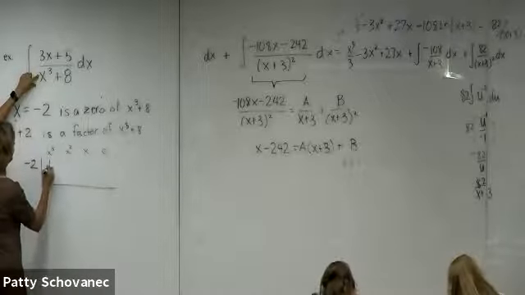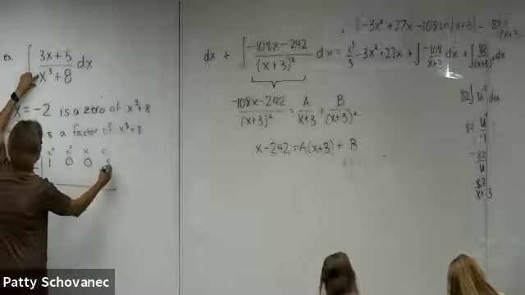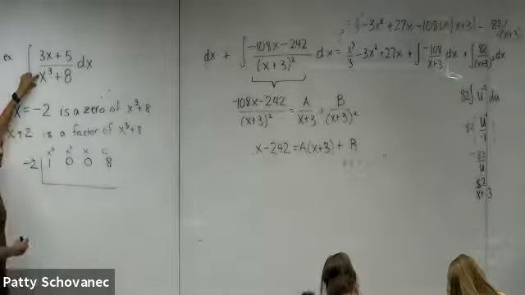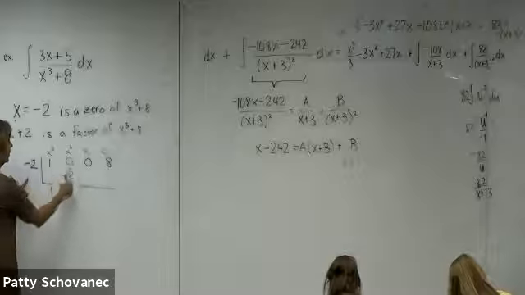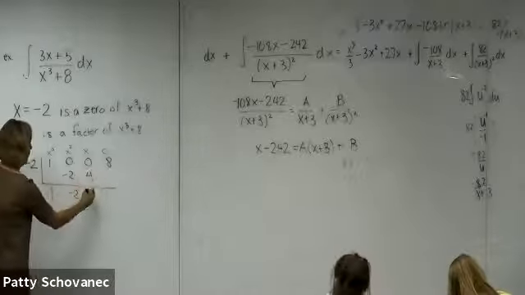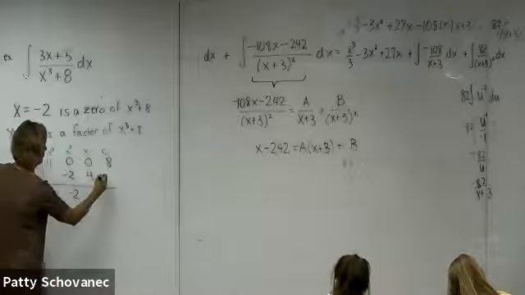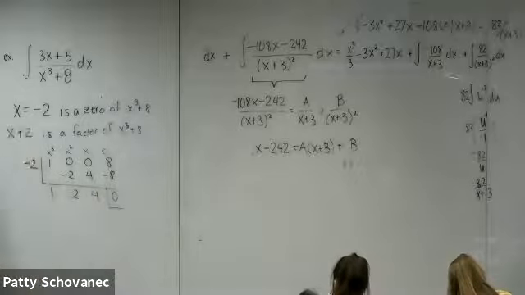I need a line here. 1x cubed, 0x squared, 0x plus 8. And then we bring this first term down, multiply and add, multiply and add, multiply and add. This is what's telling me I have a factor.